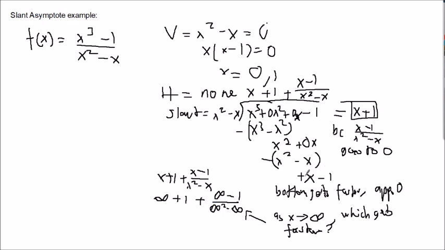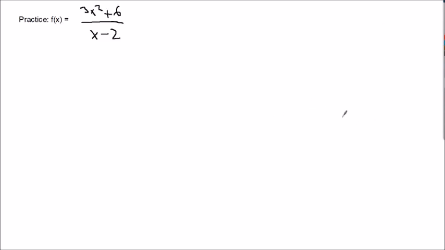So that's why it's not counted, and the x plus 1 is the only thing that's counted in the slant asymptote. And we're also dealing with it going to 0 as well. So that's why it's a slant asymptote.